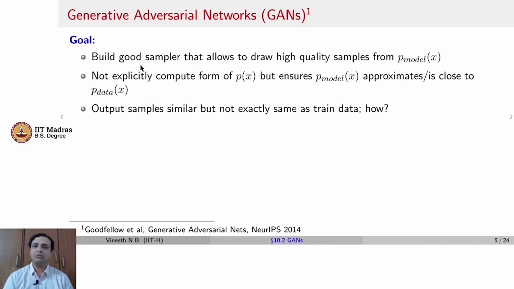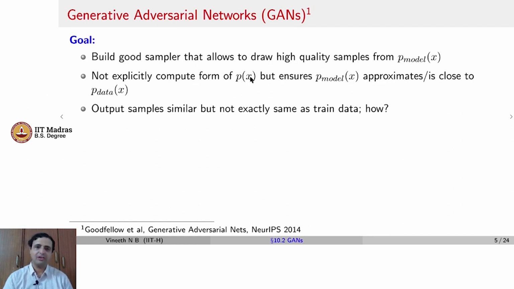The goal of GANs is to build a good sampler that allows us to draw high quality samples from P model of X, where P model of X defines samples that are drawn from a model which is learned through this algorithm. As we just mentioned, there is no explicit computation of a certain functional form for P of X.